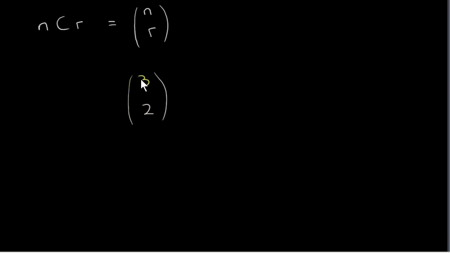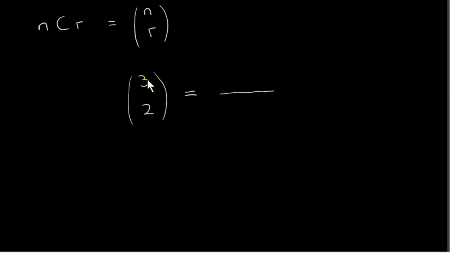We're choosing 2 objects from 3 objects, and each combination is different from every other one. So at least one object in each combination differs from objects in all the other combinations. So just to go back over this again, 3C2 is given by 3P2 all over 2 factorial.